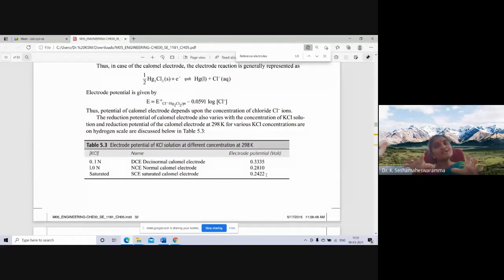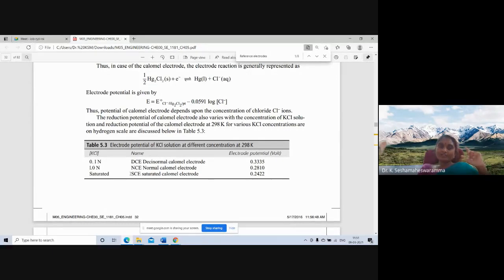Because we are explaining the reference electrode, the reference electrode potential is exactly known. It depends on the normality of the potassium chloride solution. If we are taking 0.1 normal, it is known as decinormal calomel electrode.